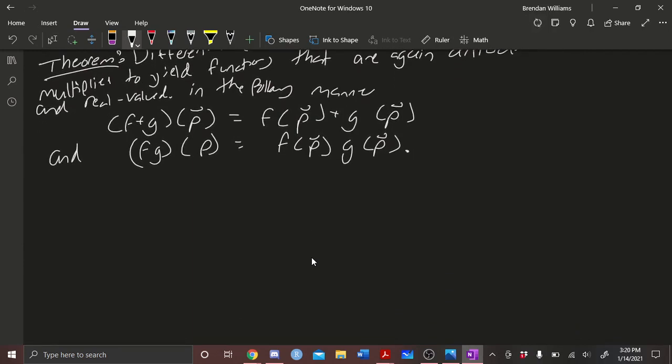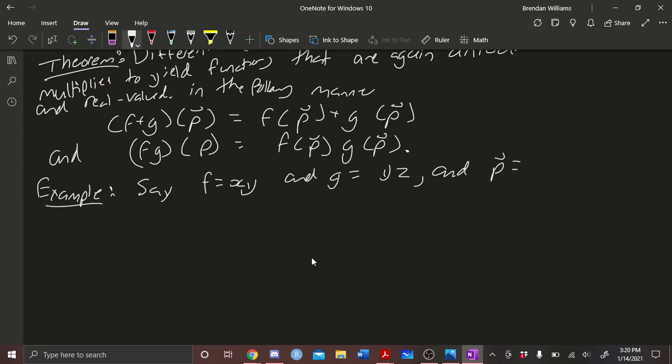So, as a quick example, say f is equal to xy and g equals yz, and our point is equal to 1, 2, 3.